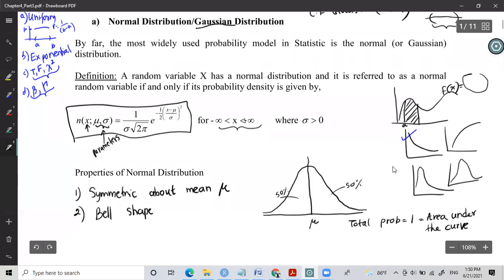So for 2 points A and B, if you want to find the probability that x is in between A and B, that will be the area under the curve. Okay, in order to find the area under the curve, you have to integrate this function from A to B, but we are not going to look at those calculations because we have tables and we can read the table and get there. So there's no need of doing integrations for these functions. Okay, and even if you think about integrating this normal distribution function, it's not going to be easy. It's very complicated. Okay, right. So the area under the curve will be the total probability.